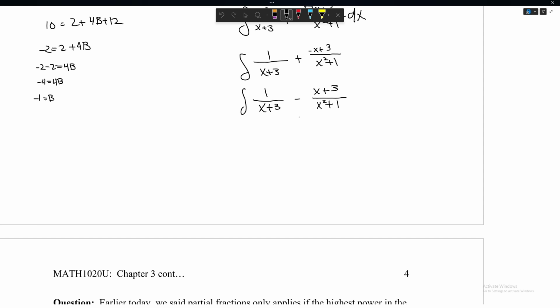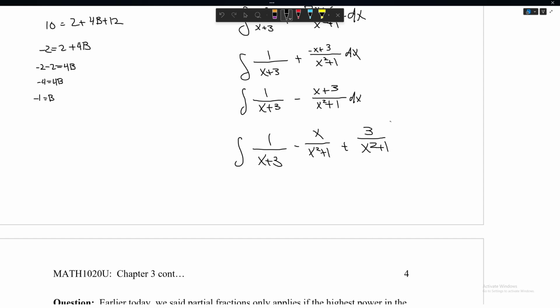separate it. So what I can do here is so I have dx here. I can integrate 1 over x plus 3 minus x over x squared plus 1 plus 3 over x squared plus 1.